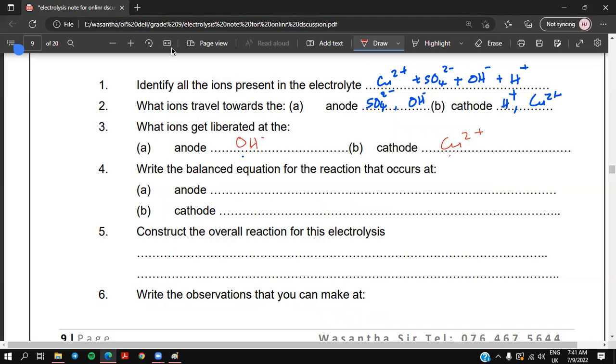Write the balanced equation for the reaction that occurs at the anode. For OH-: 4OH- gives 2H2O plus O2 plus 4 electrons. Wonderful. Cathode?